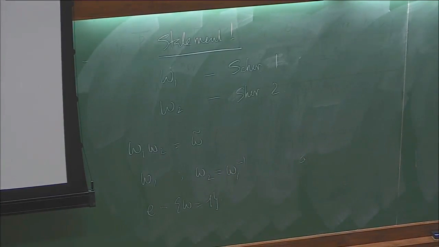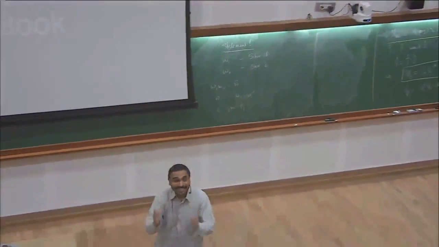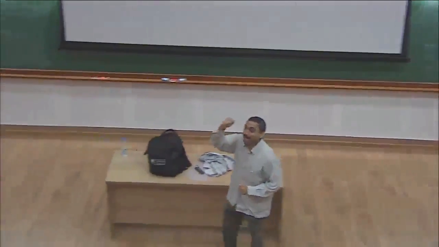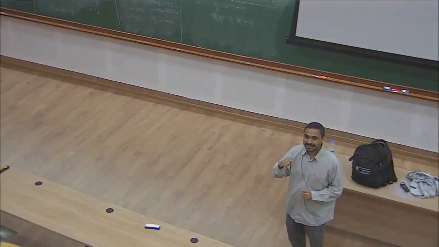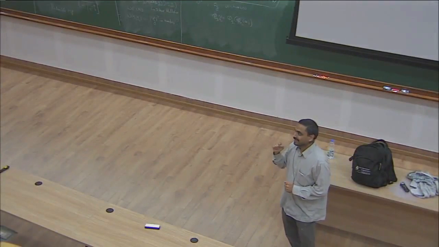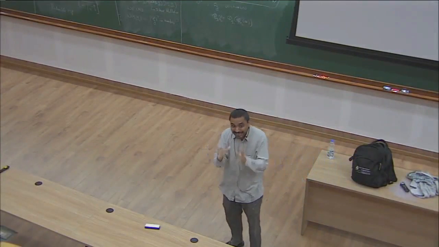So what have you learned by doing this? The multipliers themselves form an abelian group. The multipliers form a group.